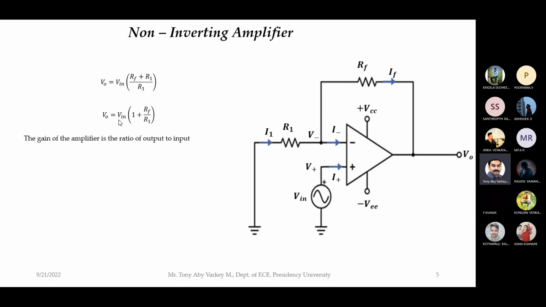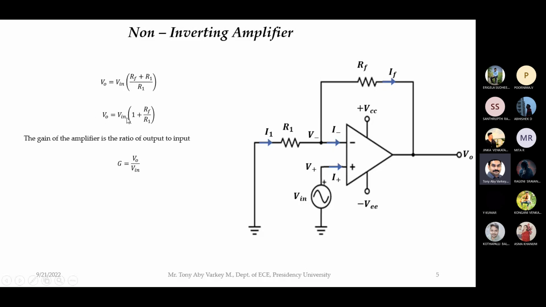So what is the gain of this non-inverting amplifier? Gain means what? Ratio of output voltage to the input voltage. So what is the gain here? One plus RF by R1. Correct. Because gain is equal to V output by V in.